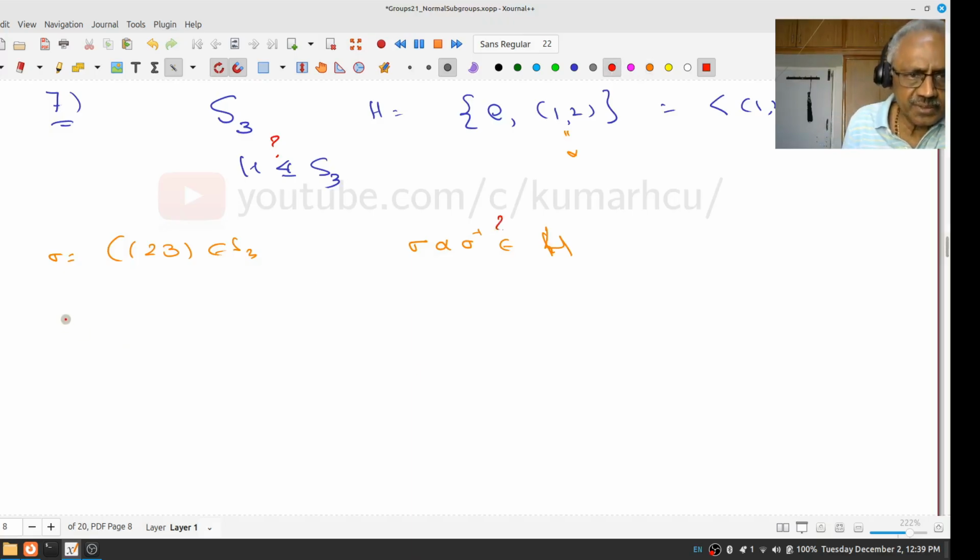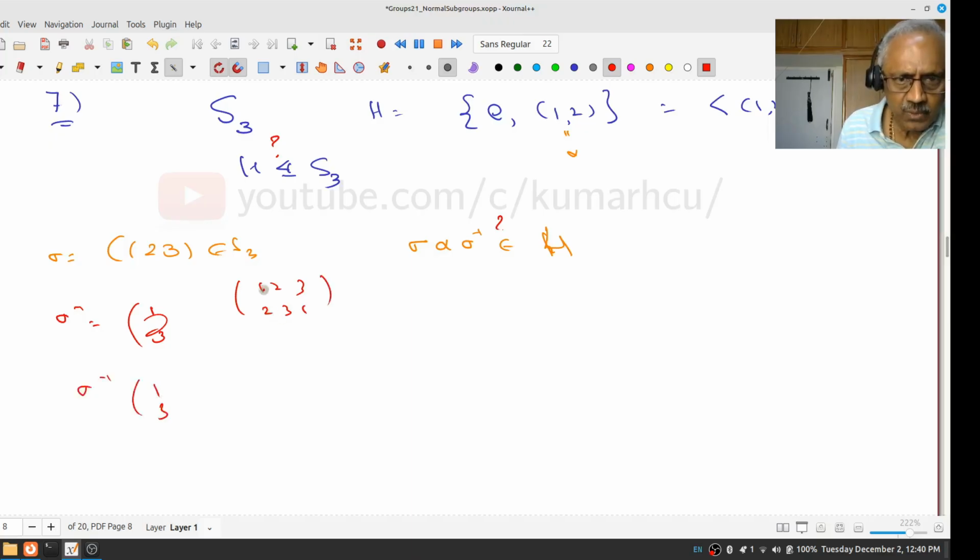What is sigma inverse? See, what I have to do? 3 goes to 1, therefore 1 goes to 3. You have to remember (1 2 3), write it as 2 3 1. And how do I read sigma inverse? Read from the bottom. 1 goes to 3 and 2 goes to 1 and 3 goes to 2. This is your sigma inverse.